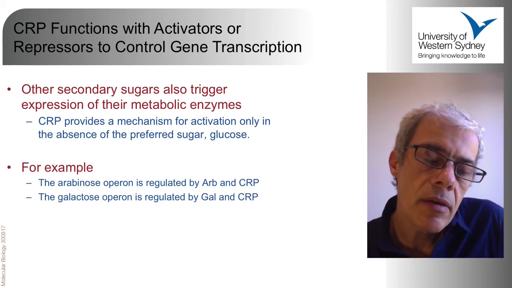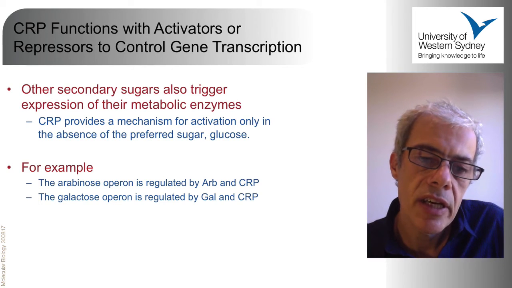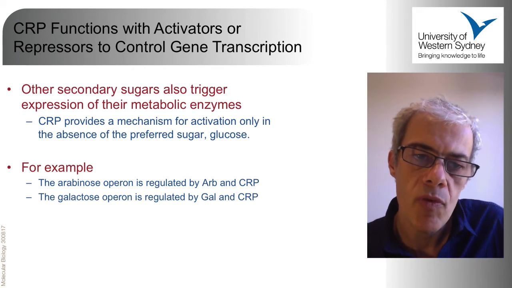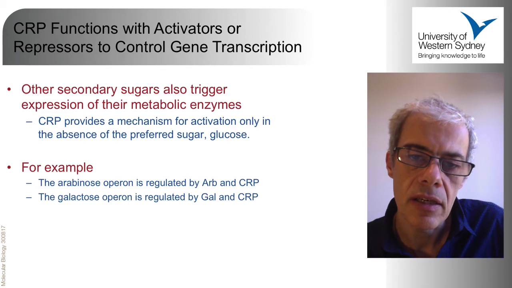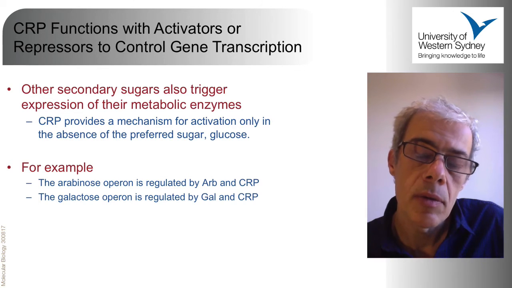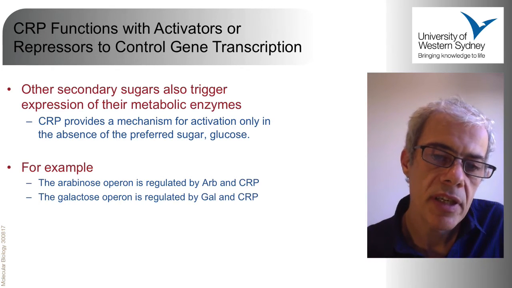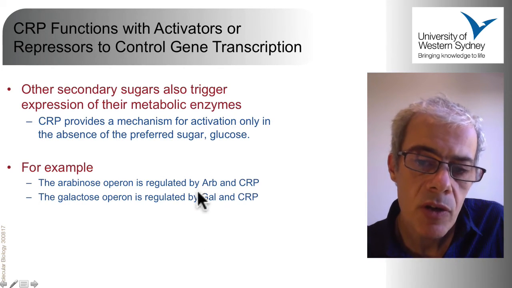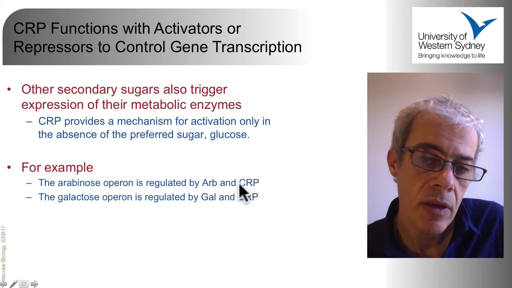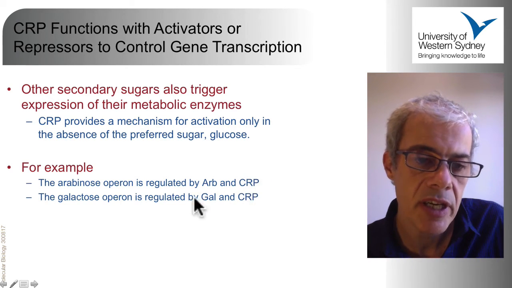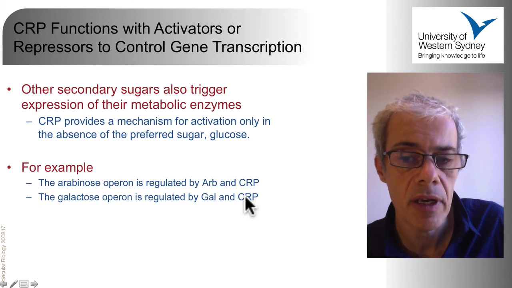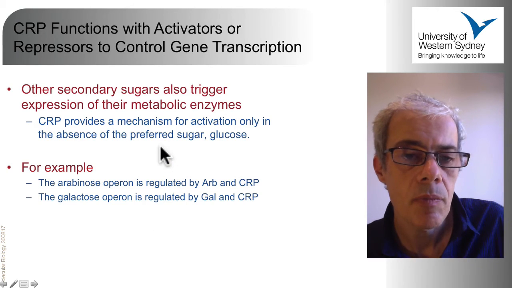So the cyclic AMP receptor protein doesn't only affect expression of the Lac Operon. Okay, it's involved in the activation of other operons, in particular the arabinose operon, arabinose being a sugar, and also the galactose operon, both regulated by this same protein.